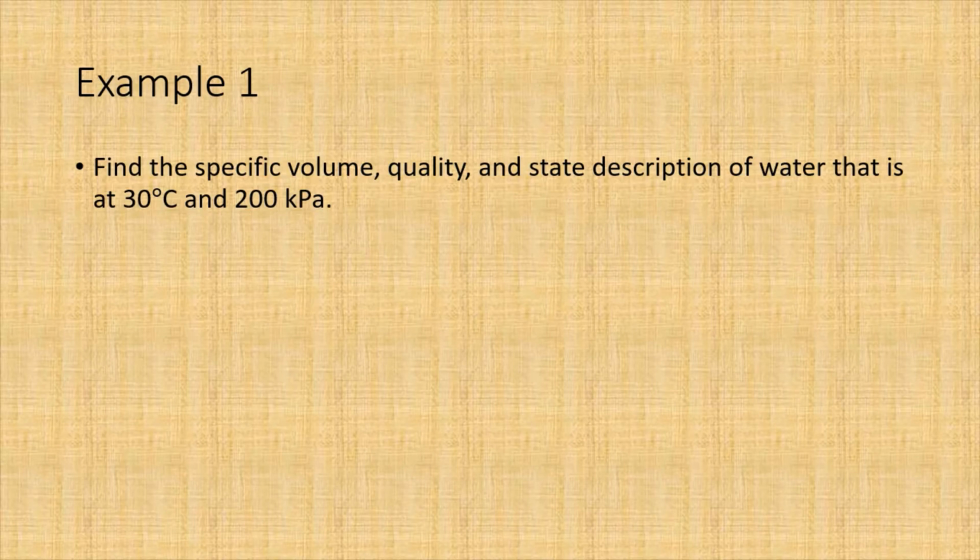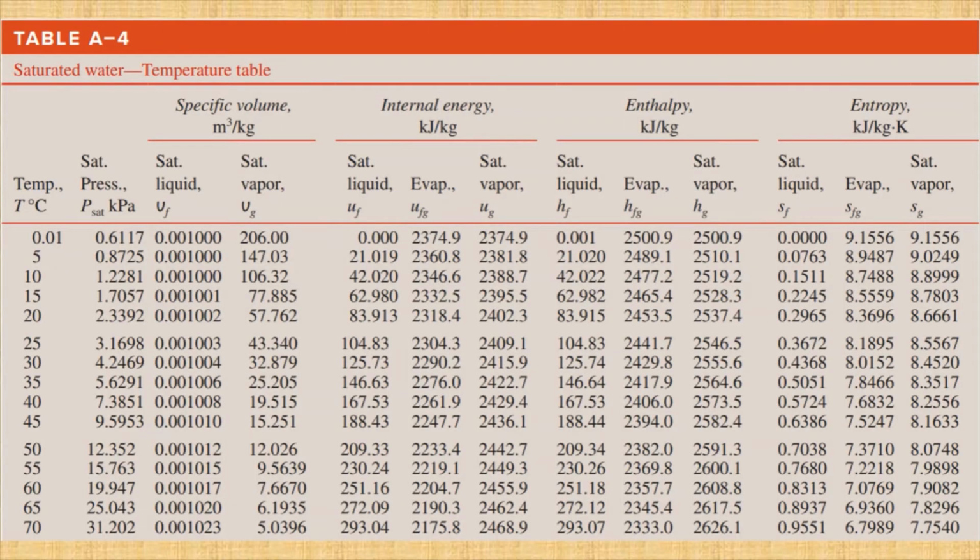Okay, here is the solution. Since we are given both the temperature and the pressure, we want to go to the temperature table first. In the first column, we locate the given temperature value of 30 degrees Celsius and look across the row containing that value.